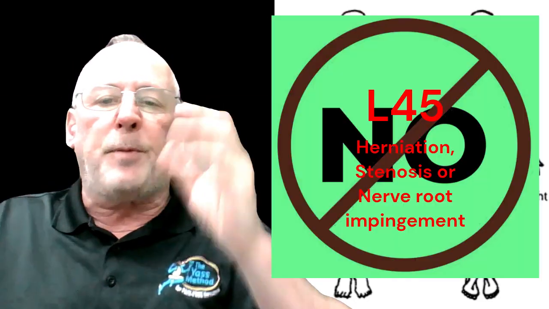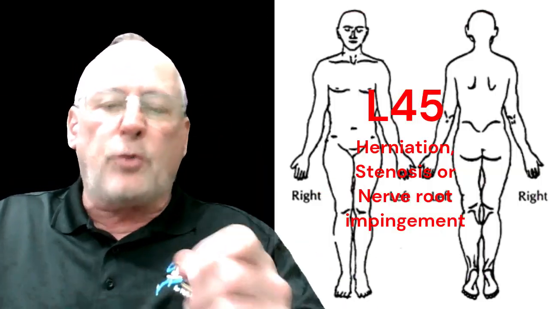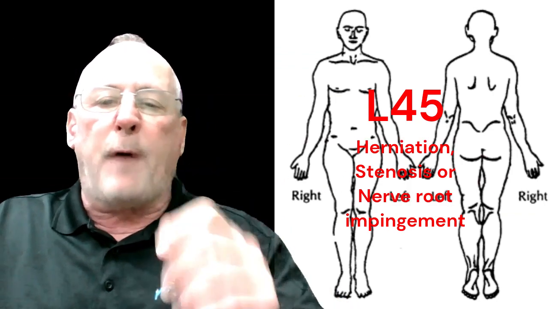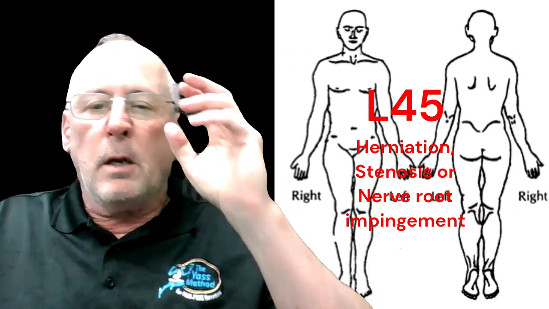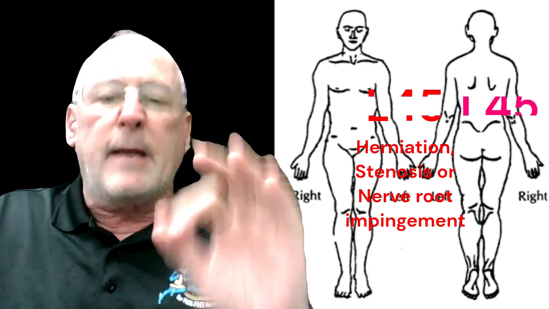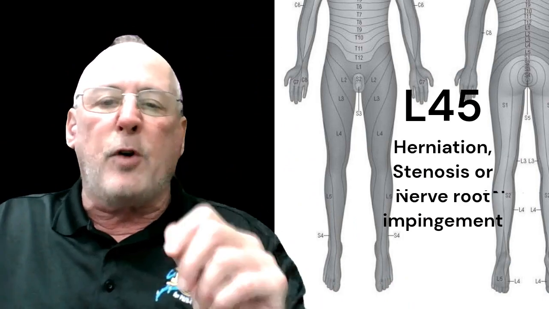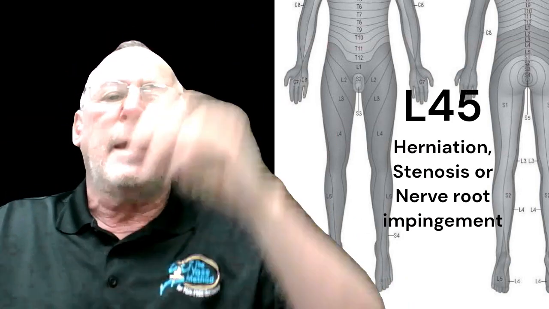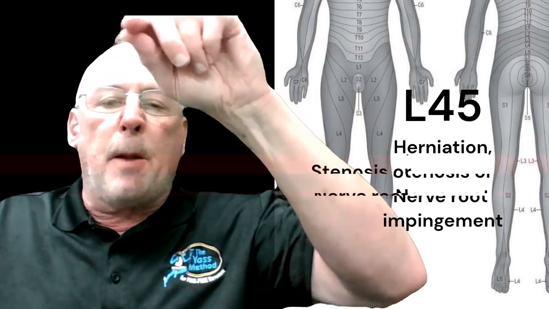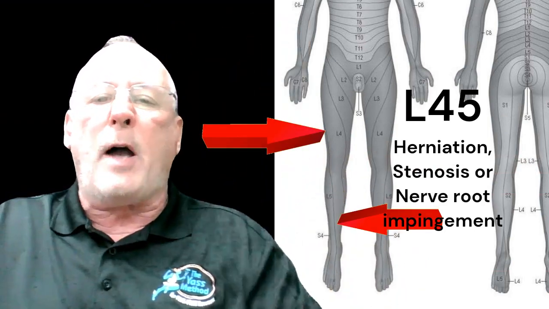The only symptom that you could derive that would be associated with an L4-5 herniation, nerve root impingement, or stenosis is a symptom in the dermatome that represents the L4-5 nerve root, which again, as you can see, is pain from the back around the lateral thigh, across the front of the thigh to the inner shin.